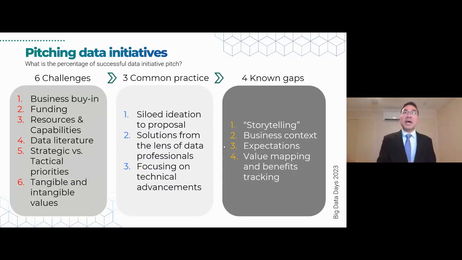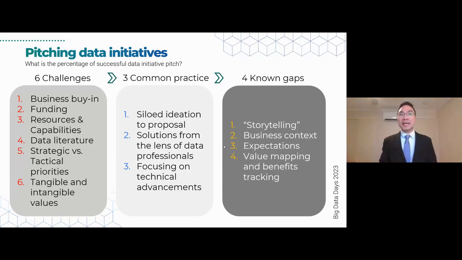So that's the first thing about the elevator pitch. Now, if we move on to pitching a data initiative, what I share on screen is a couple of key things around challenges, current common practice, and the gaps we know between the challenge and the practice. In short, the 6 challenges of any data initiative are around business buy-in.